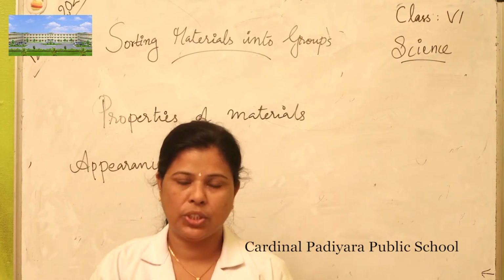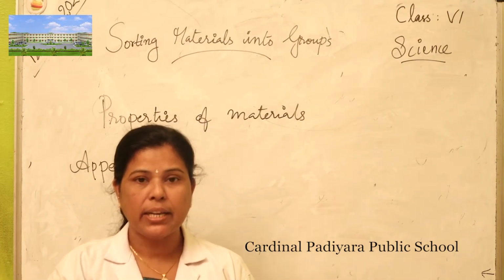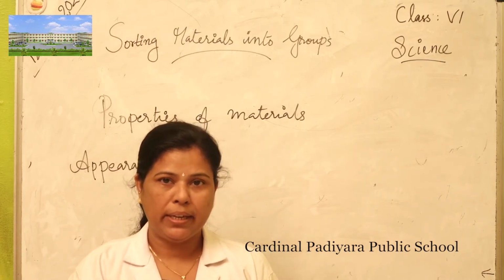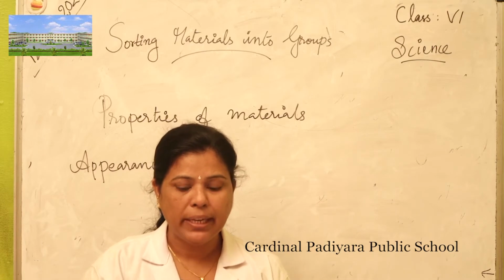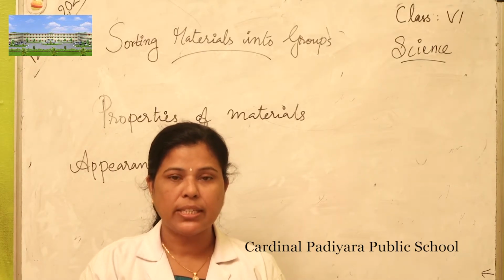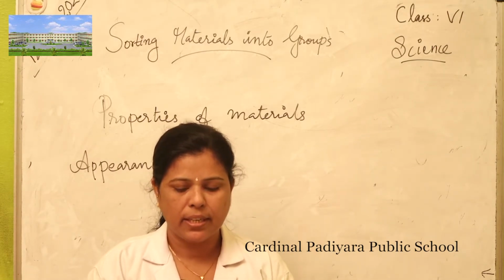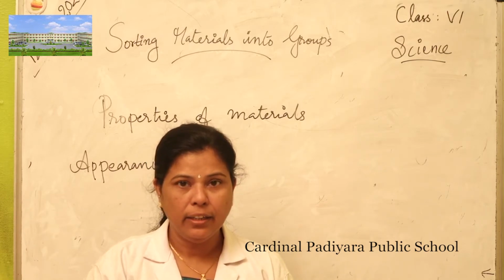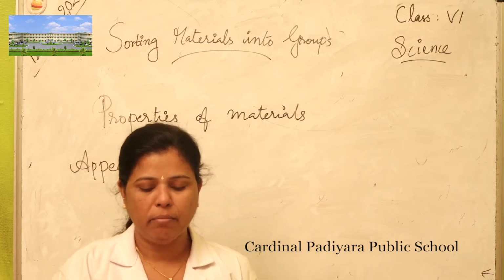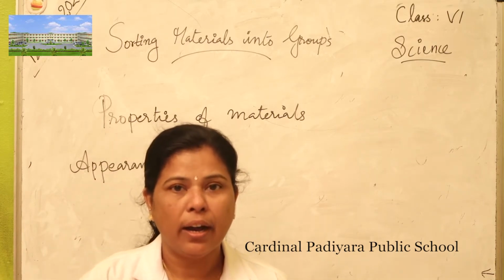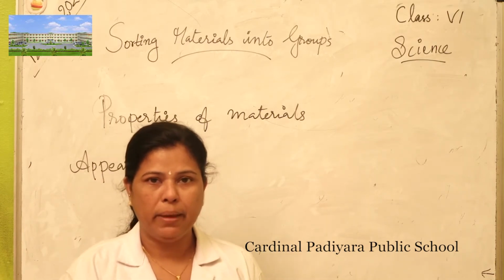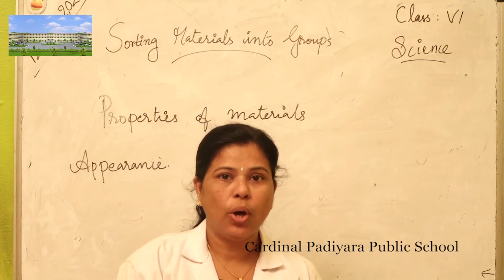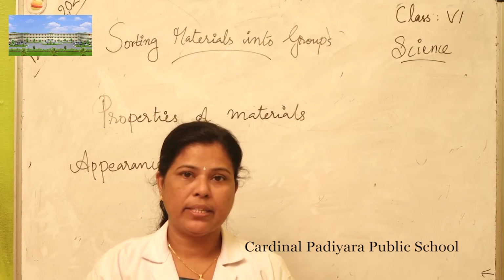Materials that have such luster are usually metals. Iron, copper, aluminium and gold are examples of metals. So, metals show a lustrous appearance.